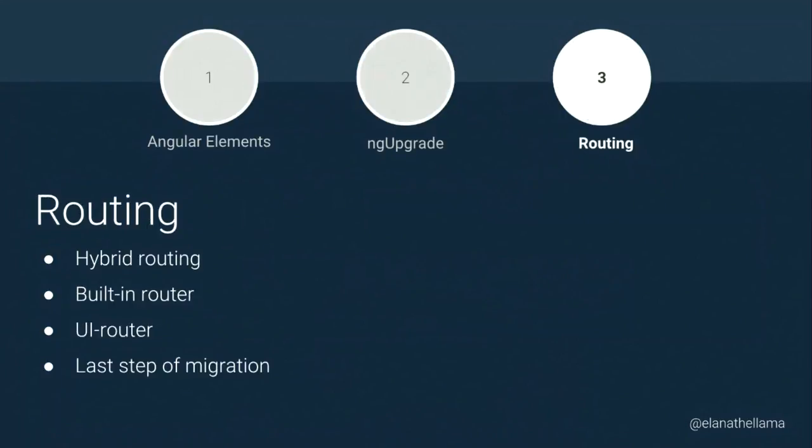And finally, we have to talk about routing. If you've used a router in your AngularJS application, then eventually you will want to upgrade your router to an Angular router. What this looks like is when you're migrating, you have two routers hosting the AngularJS router and the Angular router.